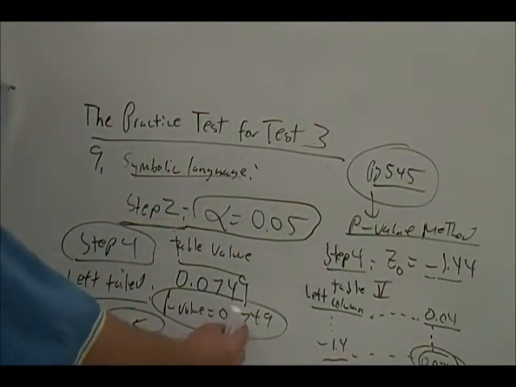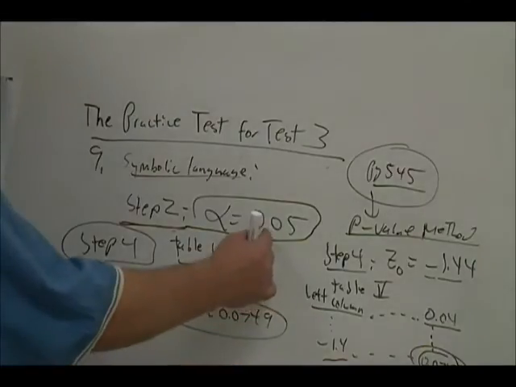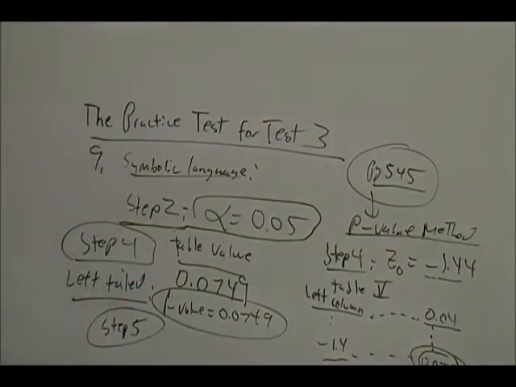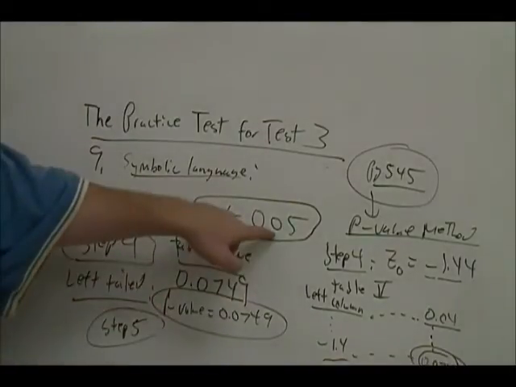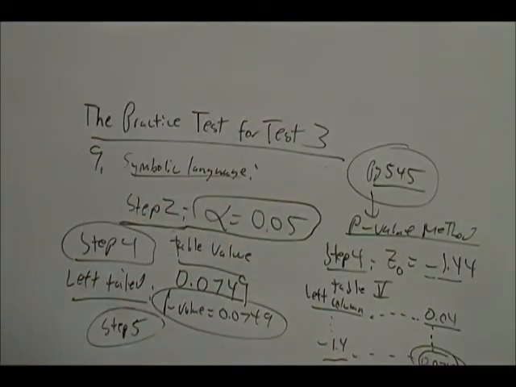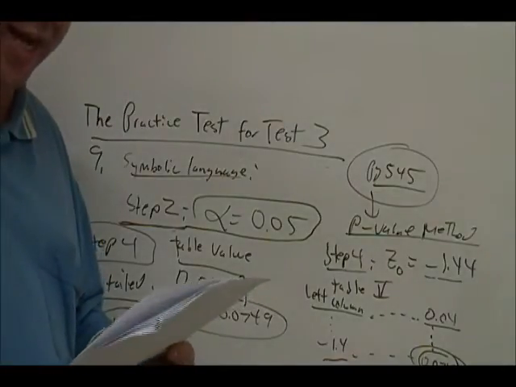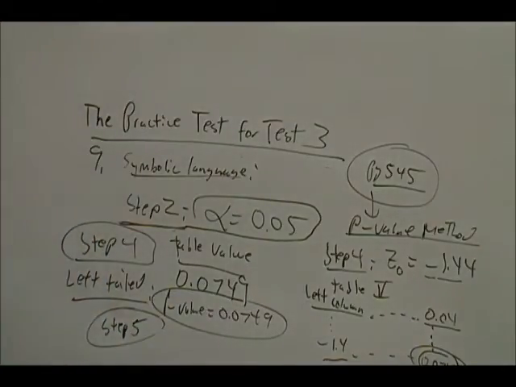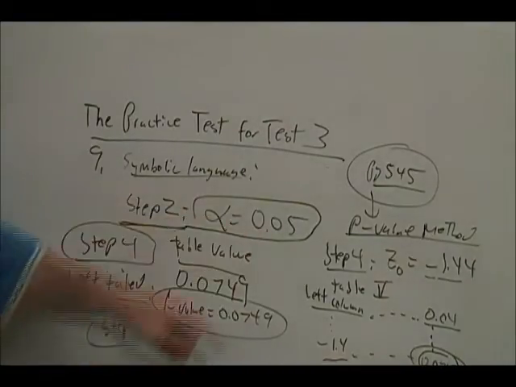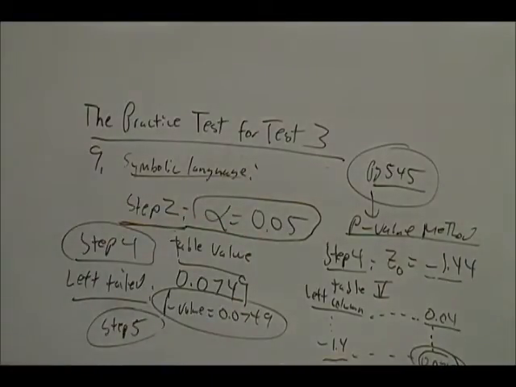Is 0.0749 less than 0.05? If the p-value is less than the given alpha from step 2, you reject H naught. Well, notice our p-value is not less than the given significance level. 0.0749 is larger than 0.05, not less than 0.05.